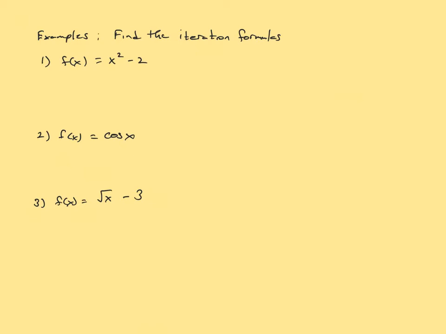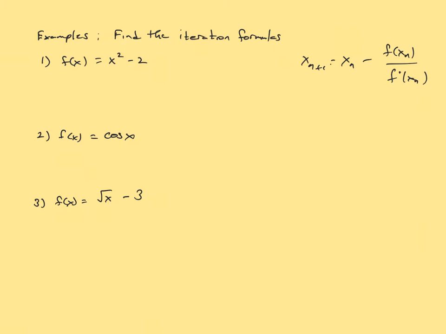The key to doing Newton's method, though, is getting the iteration formulas that you need to work with in the problem. Remember, all of them are in the form x sub n plus 1 equals x sub n minus f of x sub n over f prime of x sub n. Whenever we're finding the iteration formula, we need to know what the derivative is.